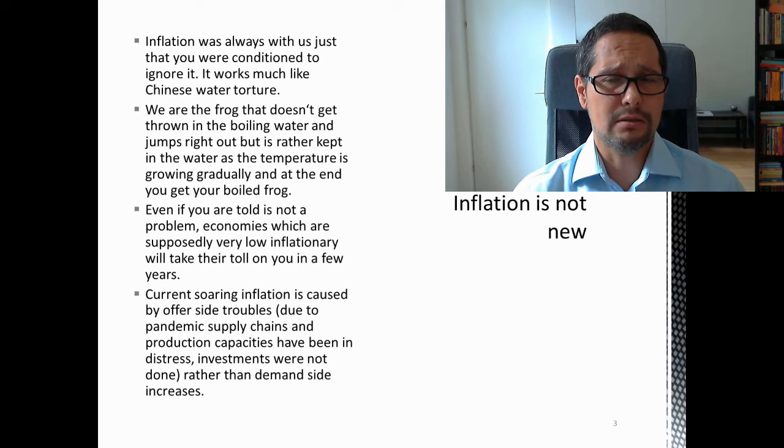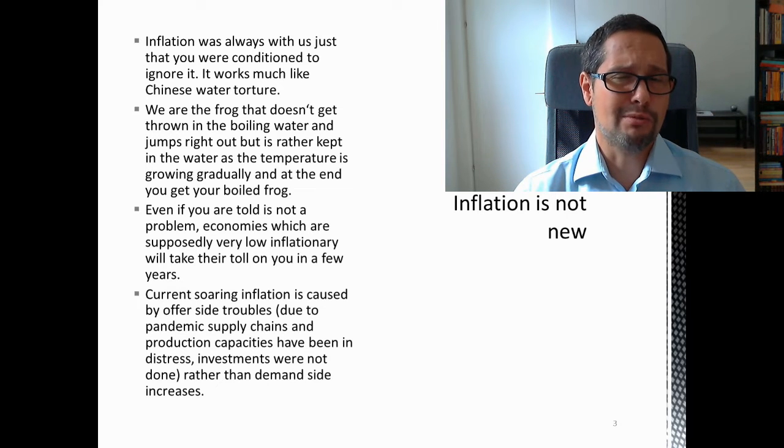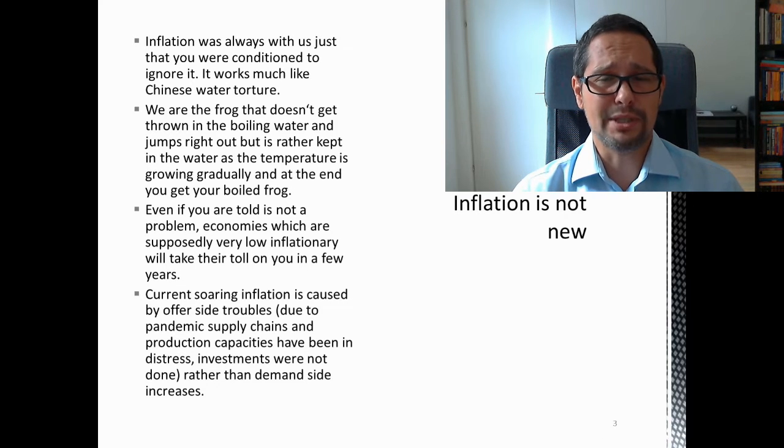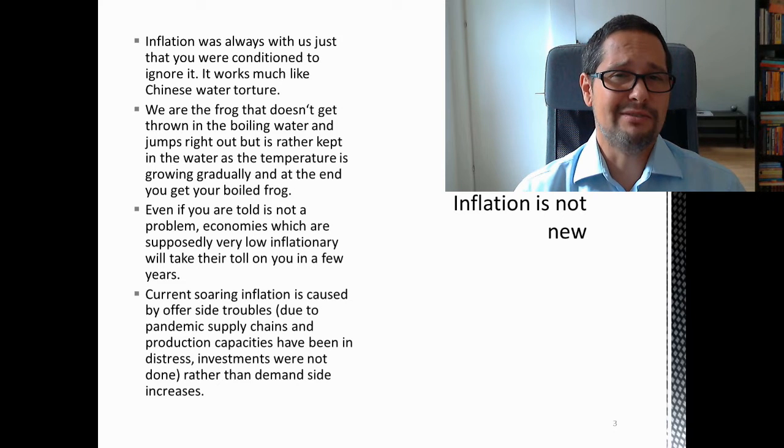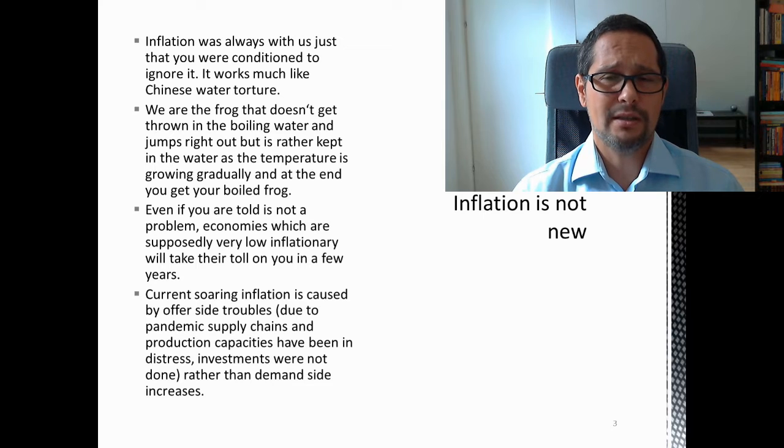However, the current soaring inflation, just to understand what's going on in the news, is not caused by problems on the demand side. Many are blaming the national banks, the Fed in the United States, in Europe the European Central Bank, and so on and so forth. Many are blaming these national banks for printing money during the COVID pandemic, and sometimes giving it through the governments for free, and so on.